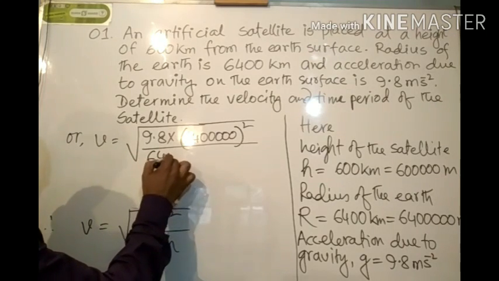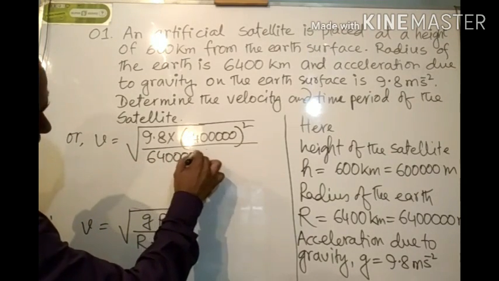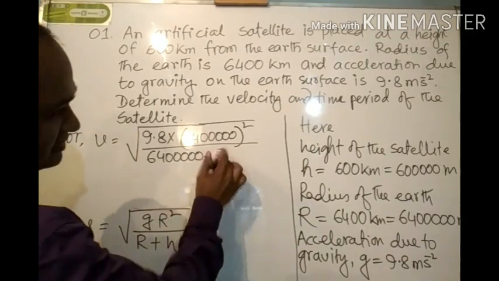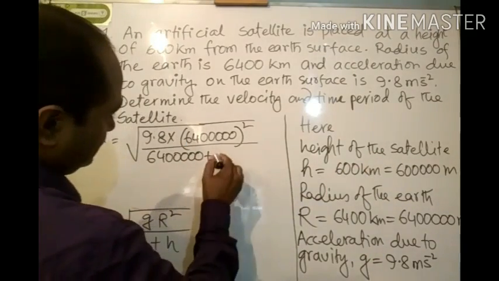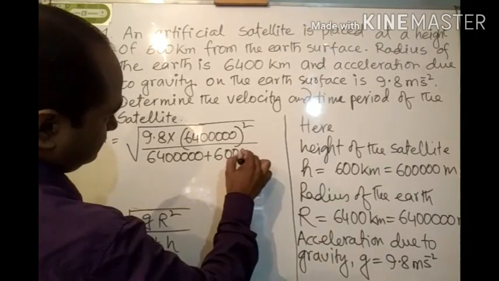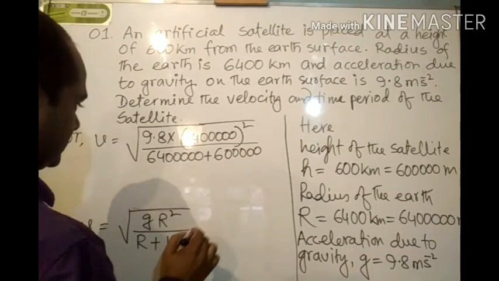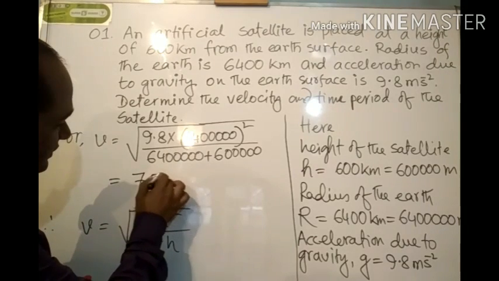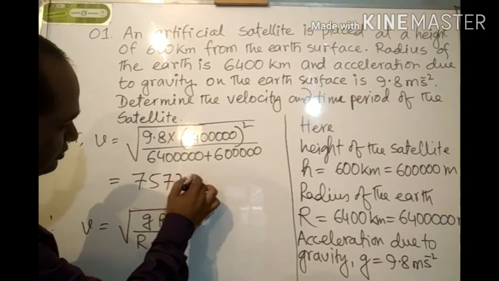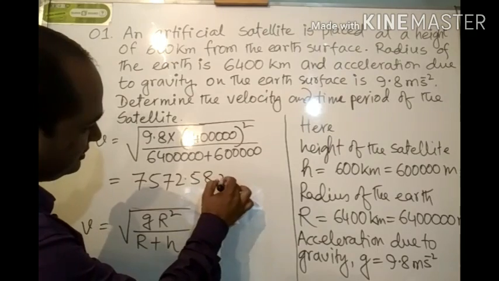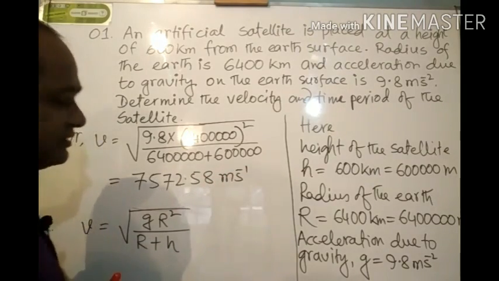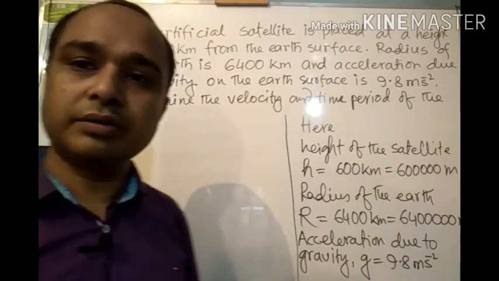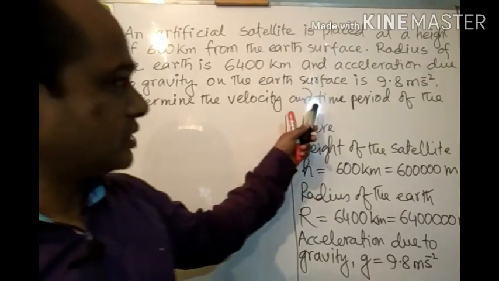R means 6,400 plus h means the value of h is given. Okay, v equals 7572.58 meter per second. Now we will solve the next part of the question.